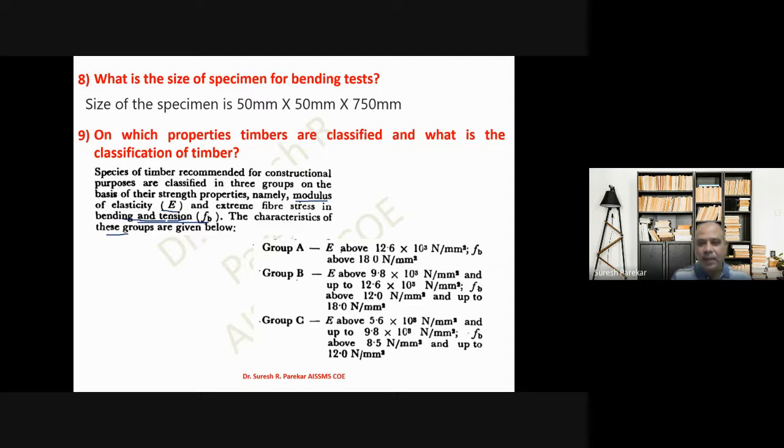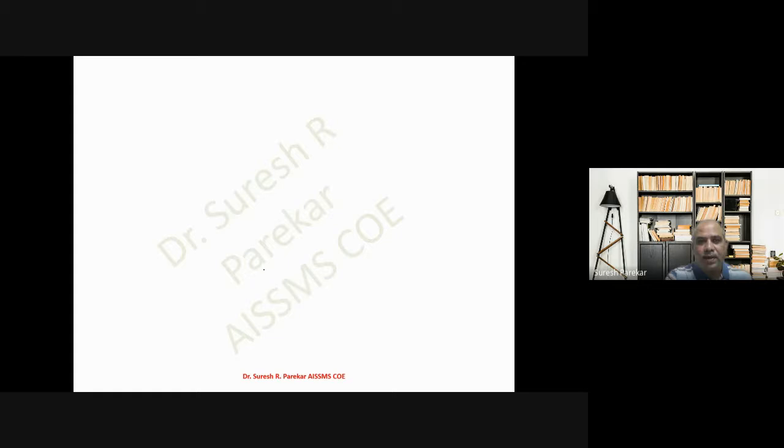Now, if E is above 12.6 GPa and FB is above 18, then group A. If E is above 9.8 and up to 12.6, and FB is 12 to 18, then group B. And E of 5.6 to 9.8 and FB of 8.5 to 12 gives group C. So these are the classifications for your bending test on timber.